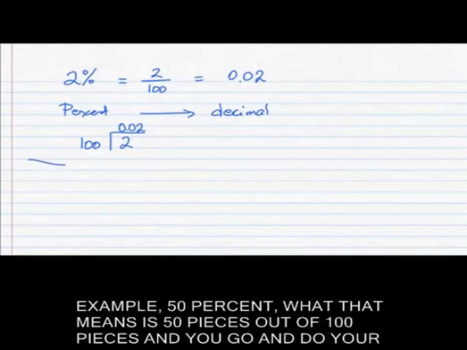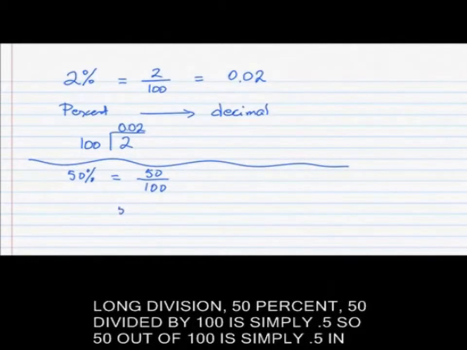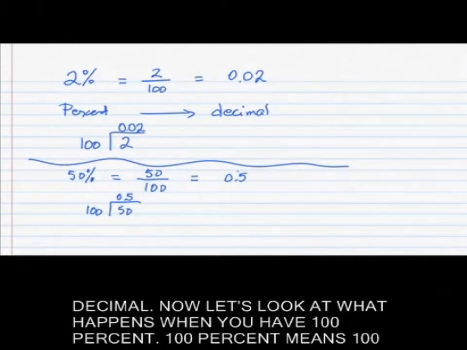Let's try another example. 50%. What that means is 50 pieces out of 100 pieces. And you do your long division: 50 divided by 100 is simply 0.5. So 50 out of 100 is simply 0.5 in decimal.